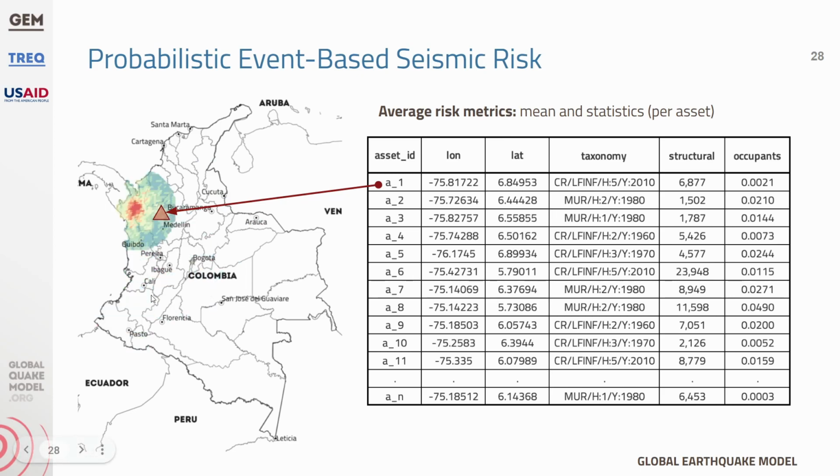But if we keep a record of the losses of each individual asset as well, then we can also estimate the risk per asset, right? So in this case, we can have a table for every asset's losses generated by each event, and we can also compute the same statistics. So we can compute, for example, median statistics, quantiles of the risk of each one of the assets.